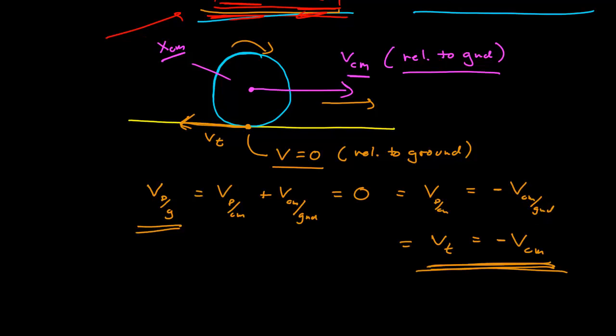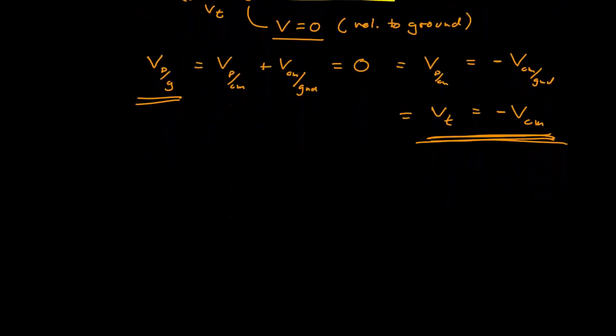One final point on this rolling without slipping is that the same thing occurs if, relative to the ground, let's say the Earth's frame, the cylinder is at rest and the ground is moving.